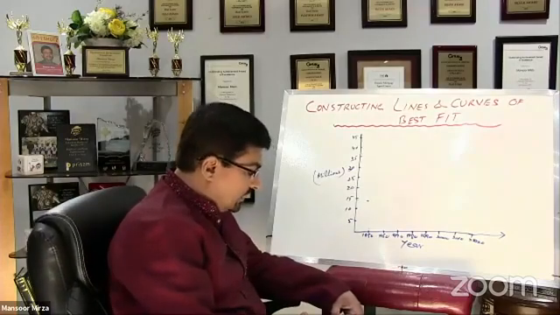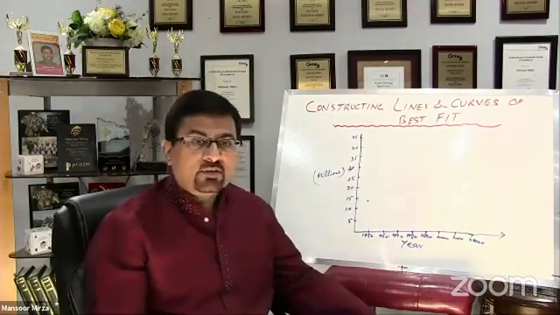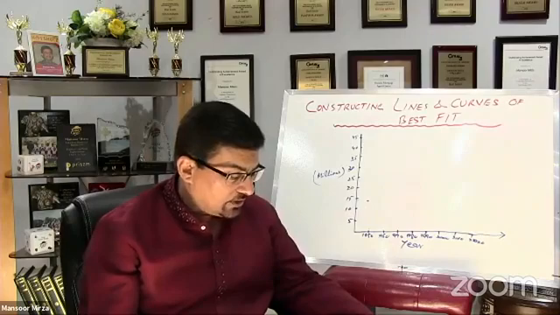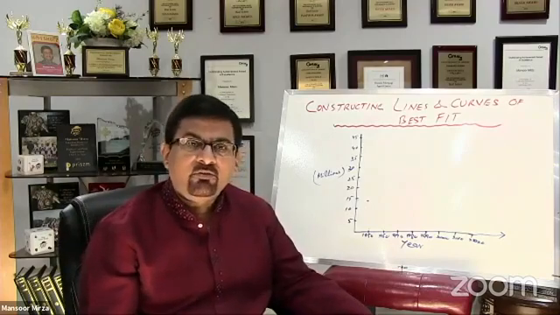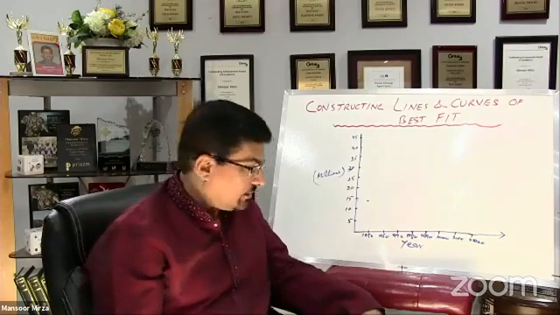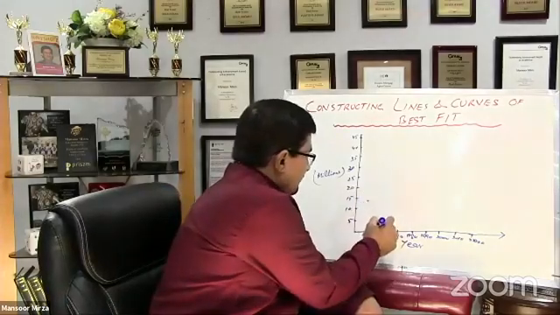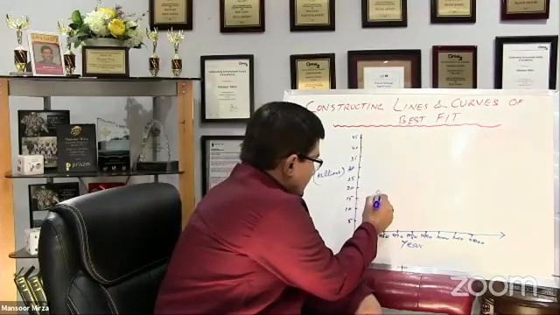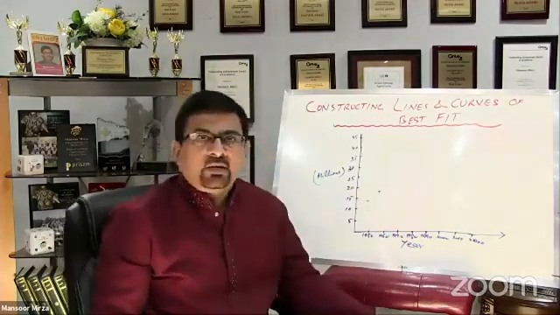Now the next dot is in 1960, when the population was between 15 and 20 million, and the graph shows somewhere about this position.